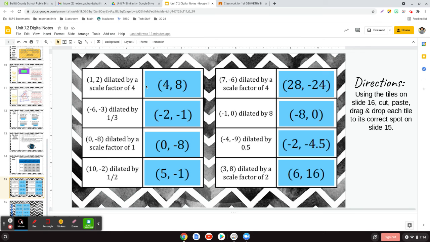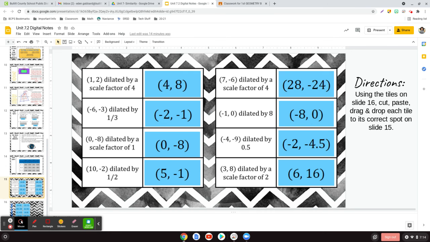So 1,2 dilated by a scale factor of 4 gives us 4,8. -6,-3 dilated by 1/3 brings us to -2,-1. 0,-8 dilated by a scale factor of 1 gets us to 0,-8. 10,-2 dilated by 1/2 gets us to 5,-1. 7,-6 dilated by a scale factor of 4 gets us 28,-24. -1,0 dilated by 8 brings us to -8,0.